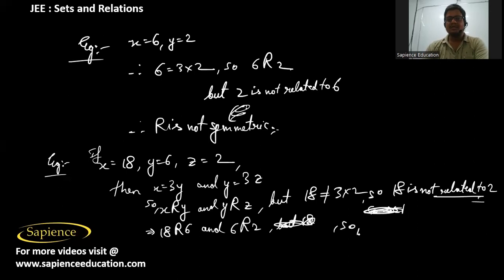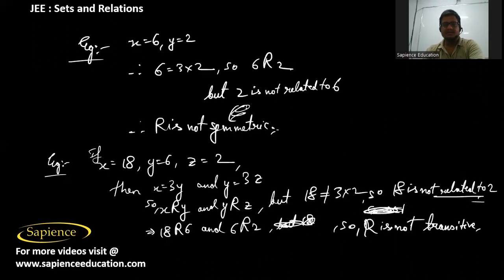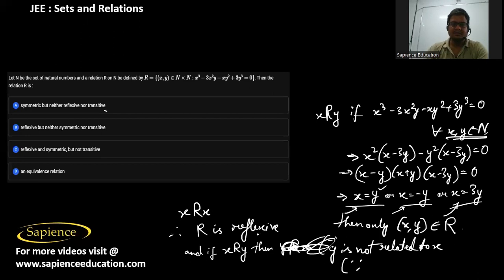So it means that R is not transitive. So it means that R is neither symmetric nor transitive, but it is reflexive. So R is reflexive, but neither symmetric nor transitive. So option B is the correct answer.